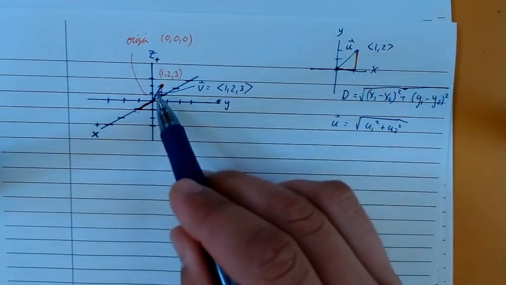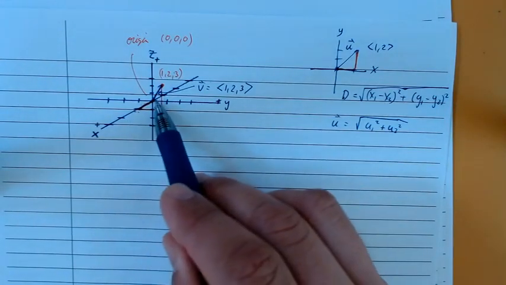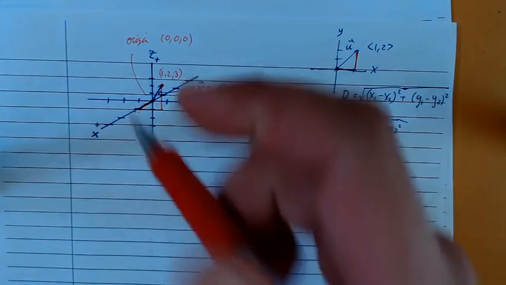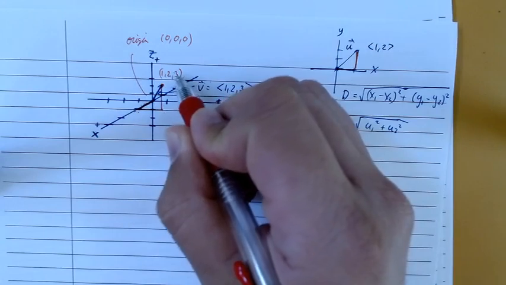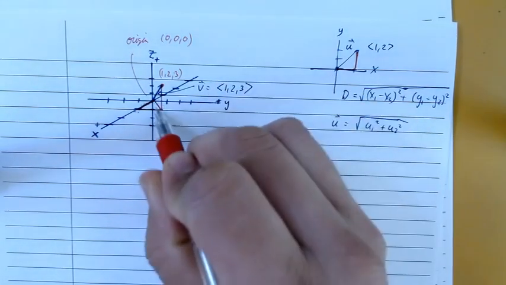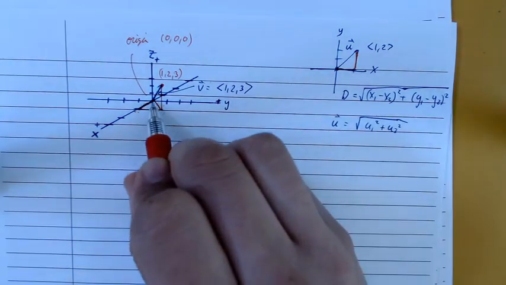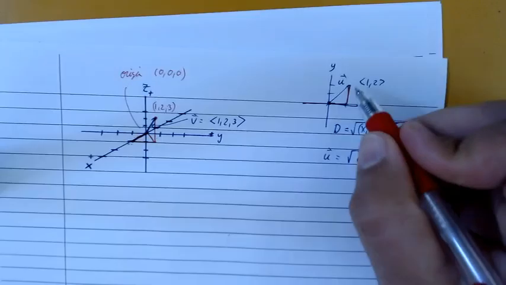If I'm going to be at the point 1, 2, 3, how do I figure out the distance to go from the origin to being right underneath this point right here? Oh, well, that's just from the origin to, that's 1 along the x-axis and 2 along the y-axis. Hey, that's this one right here.